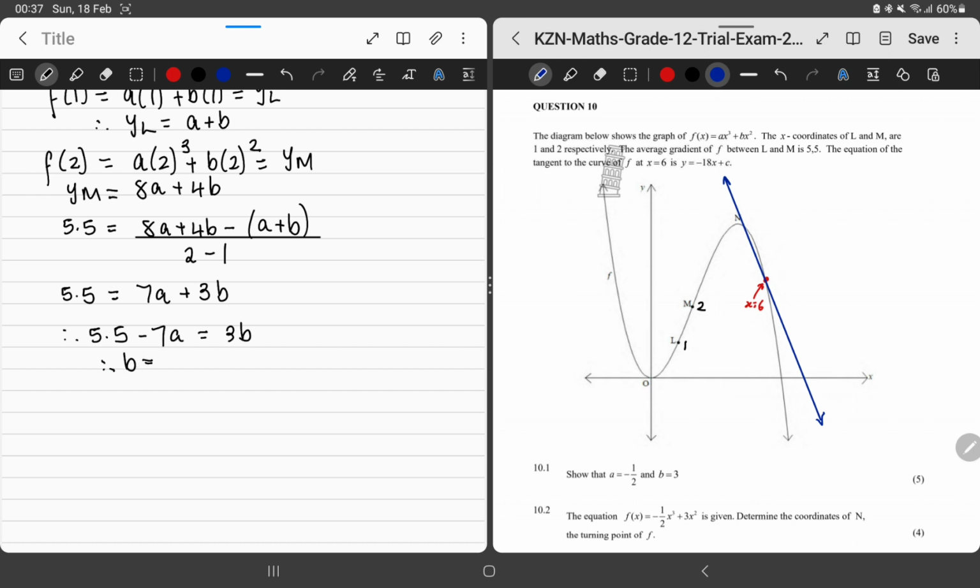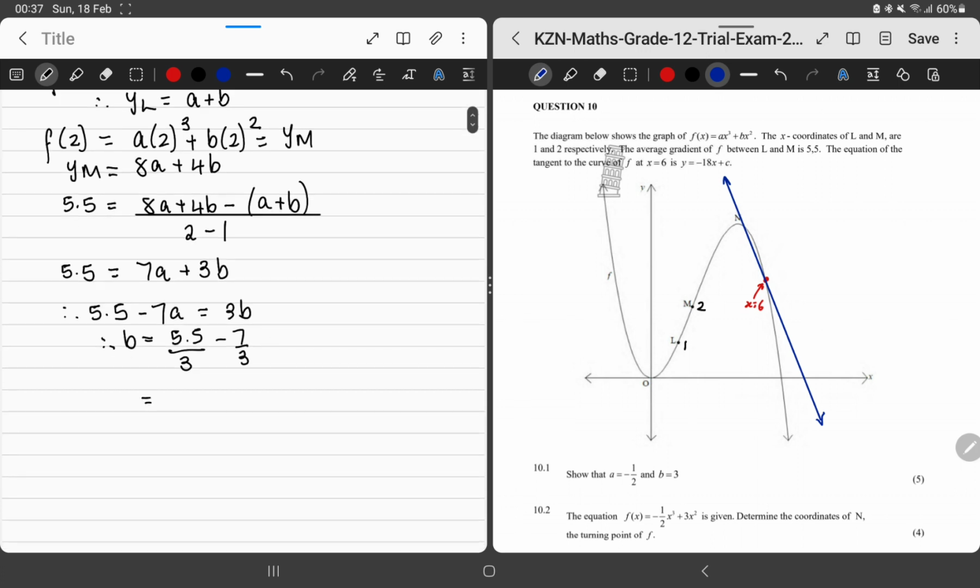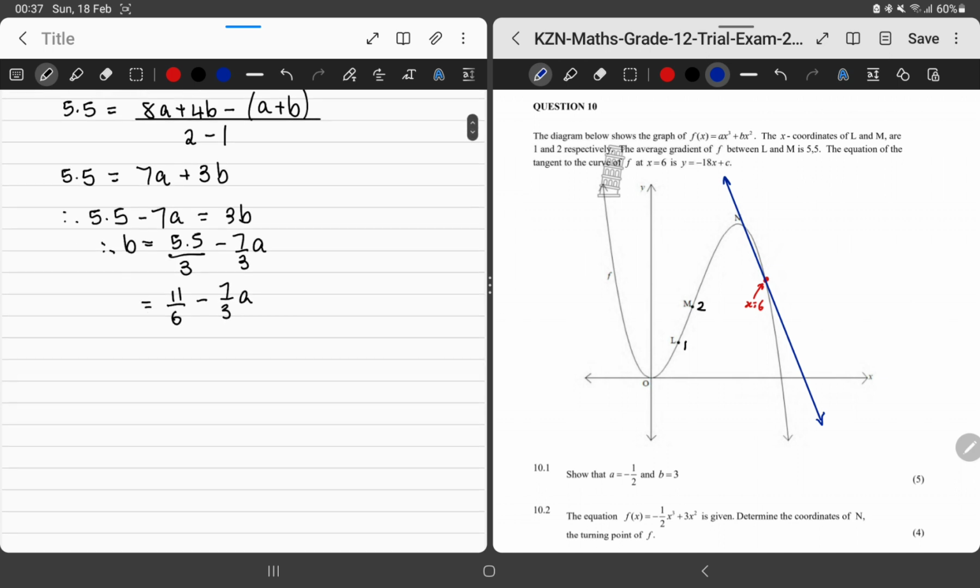Therefore, b is equal to 5.5 over 3 minus 7 over 3 a, which is 11 over 6 minus 7 over 3 a.